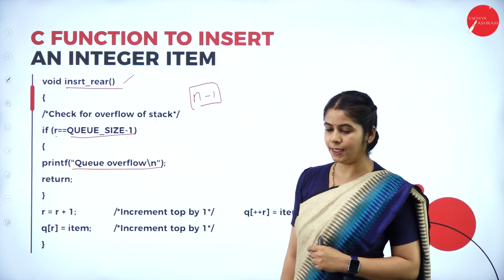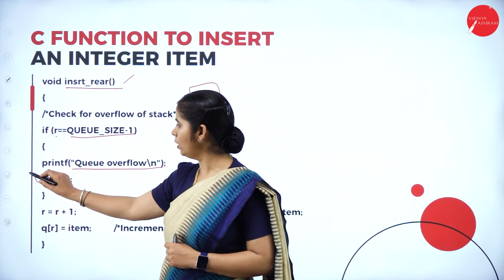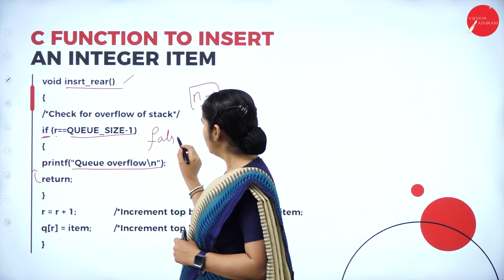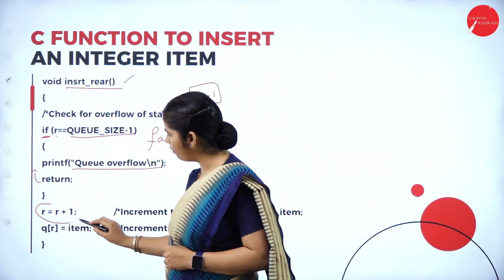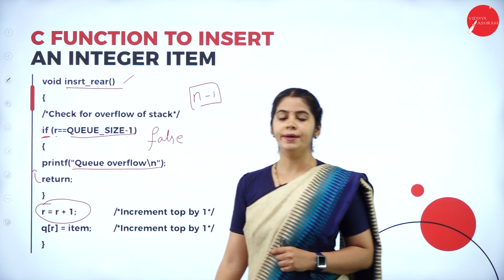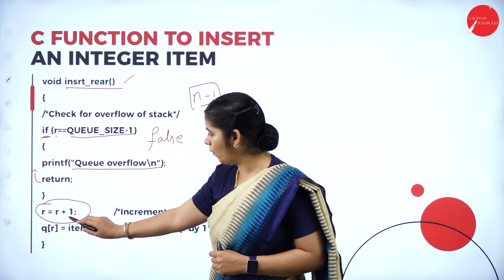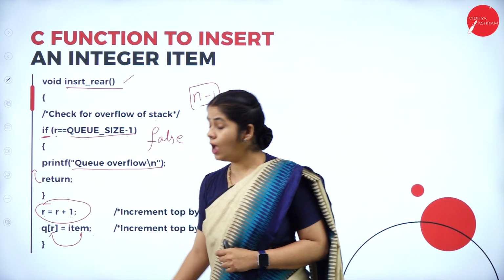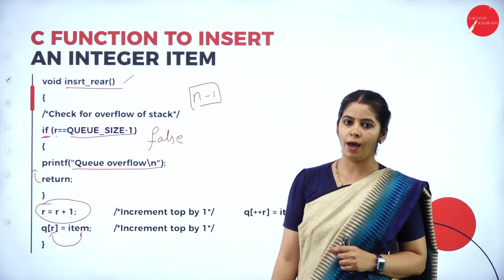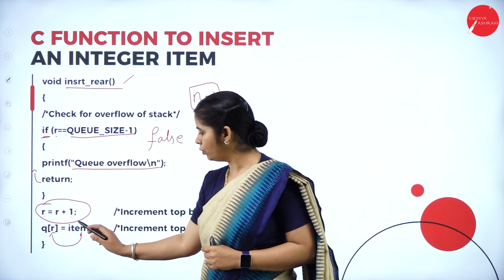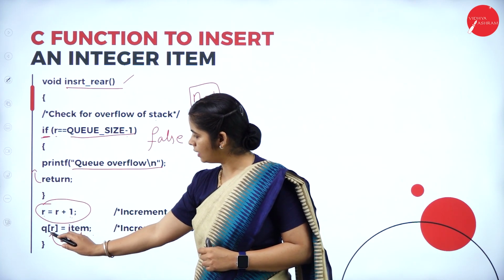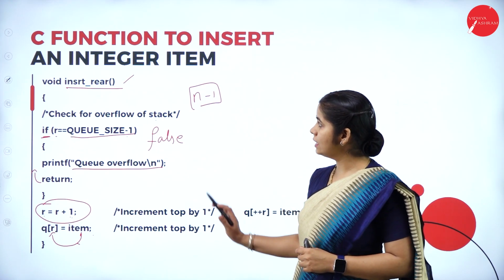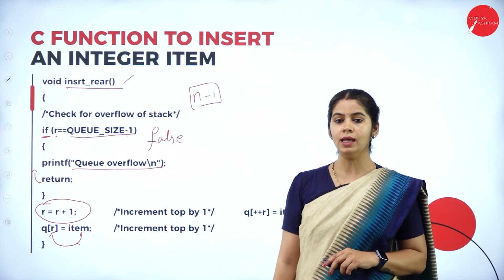We cannot insert the element into the Q, and we return back to the main program. If this condition fails, what do we have to do? We have to increment the R pointer by 1 and assign the element to that particular position, Q of R. That's all we have to do. If it is 4, 4 will be inserted at the position where R is pointing. This is the C code for inserting the element at the rear end.